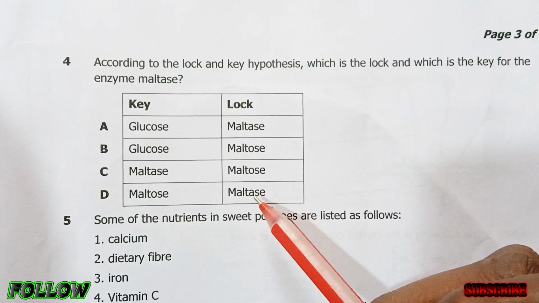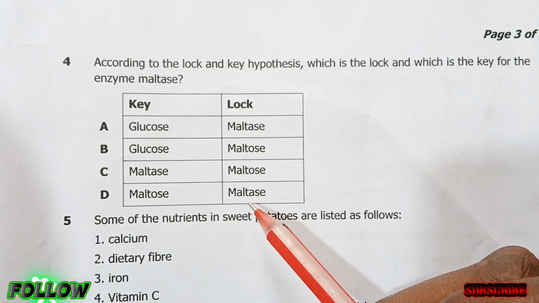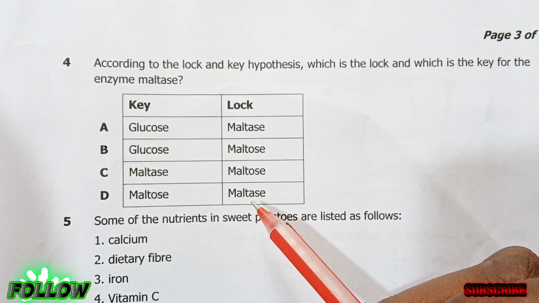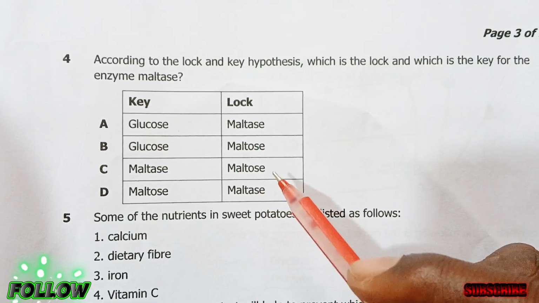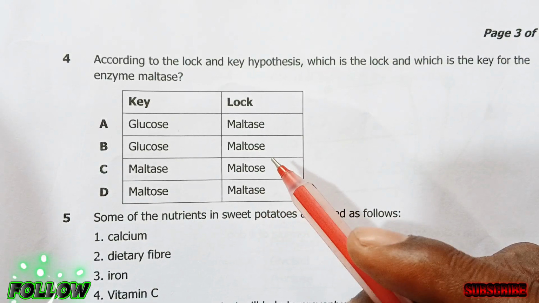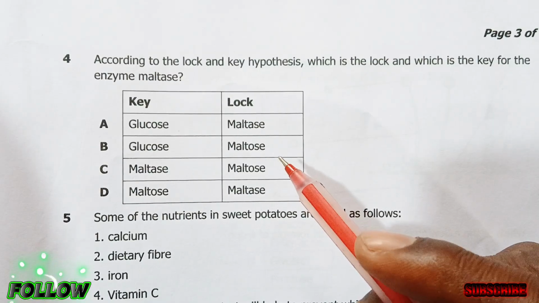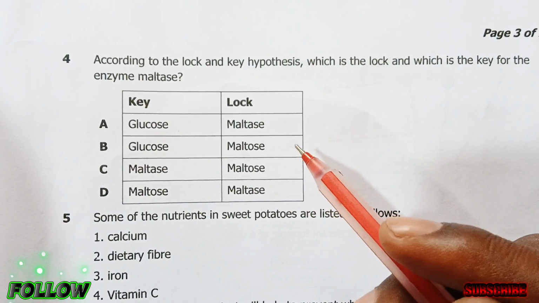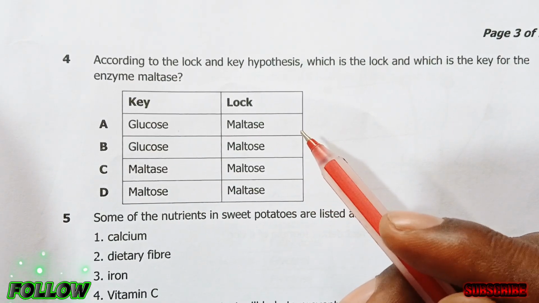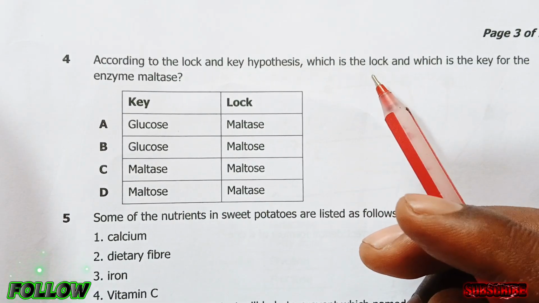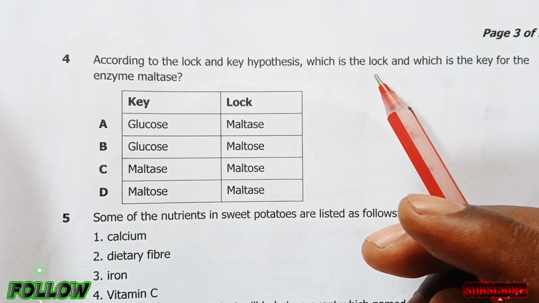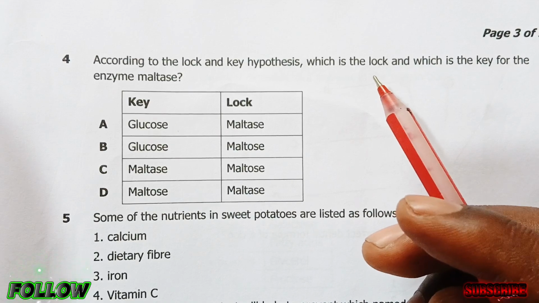I want to explain what a substrate is before we go to the next question. A substrate is the specific substance that an enzyme acts on. In a simple definition, a substrate is the reactant that fits into an enzyme's active site.